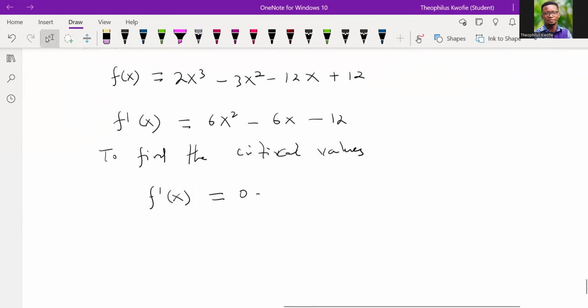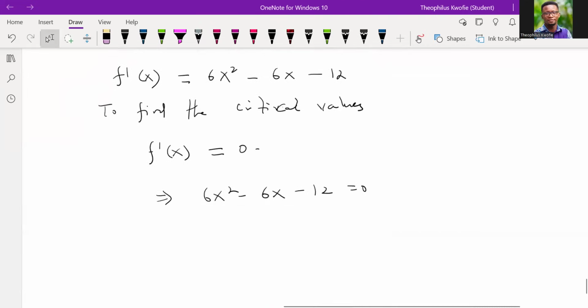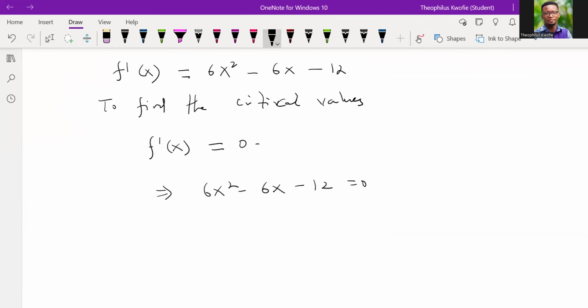Is that okay? Good. So in that case, this implies that our 6x squared minus 6x minus 12 should be equal to 0, right? So what we can do is divide both sides by 6, and that gives us what? x squared minus what? x minus what? 2 equal to 0.